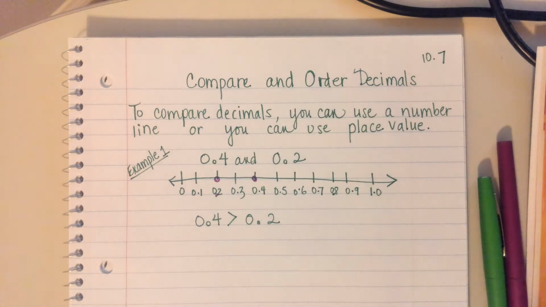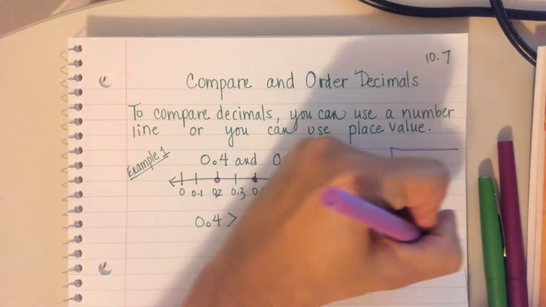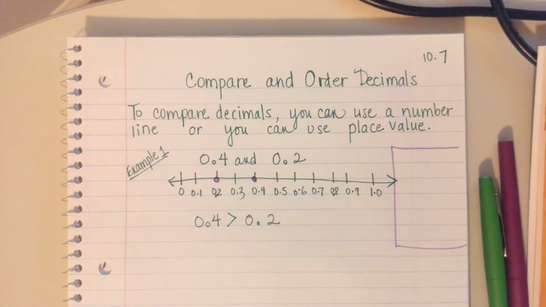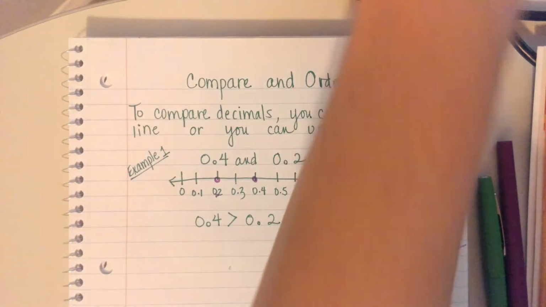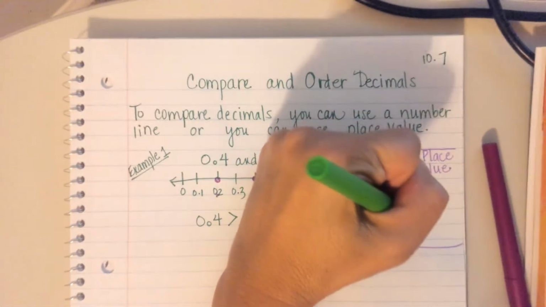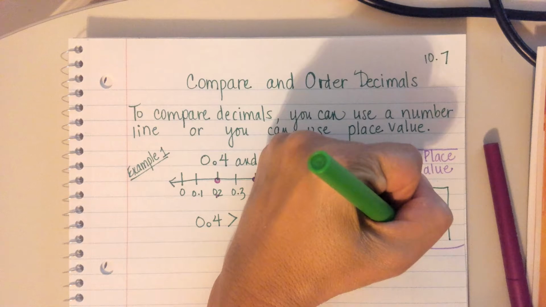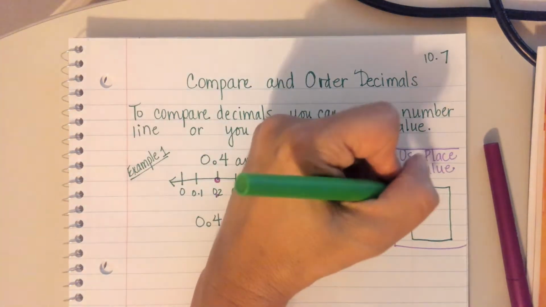We're going to use those same numbers over here, and we're going to use place value. All we have to do is make our handy dandy place value chart, and we're only talking tenths, so it can't get any more simplified than that.